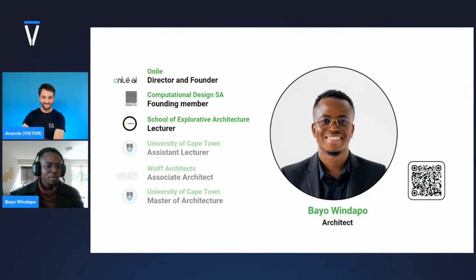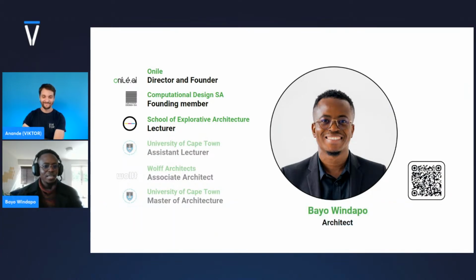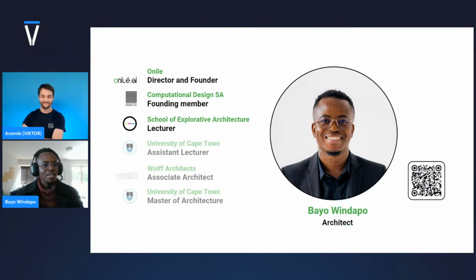Just a little bit more about myself. I studied architecture here in Cape Town at the University of Cape Town, got my master's degree, worked as an architect at Wolf Architects here in Cape Town as well, got up to the position of an associate. I've lectured as an assistant lecturer at University of Cape Town, and I'm currently a lecturer at the School of Explorative Architecture.